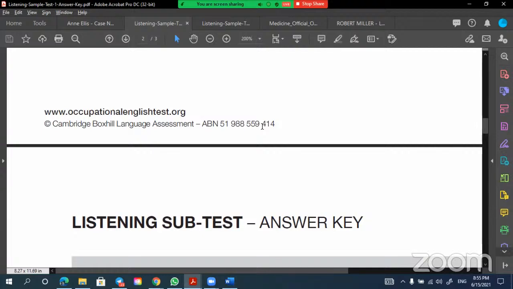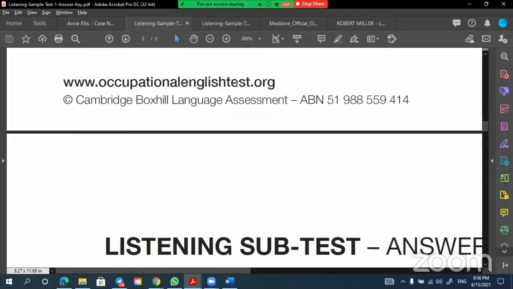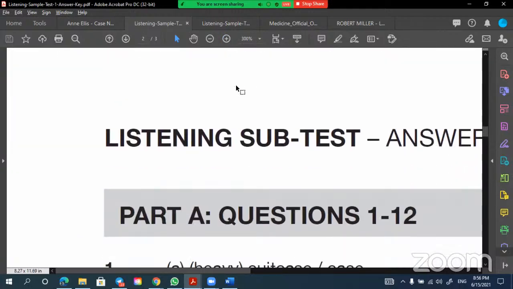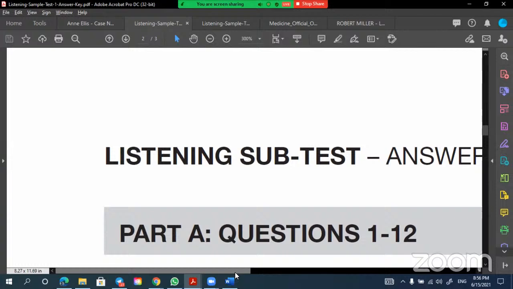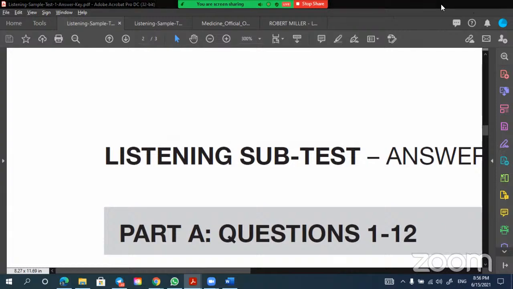If your answer is wrong, put a cross mark. Questions 1 to 12. Be fair enough. Don't cheat yourself. If it is right, right. If it is wrong, wrong. Then we can discuss what are the problems. Okay. Then, yes. Questions 1 to 12. Questions. This is what? Okay. No, not this one. Okay. Right.